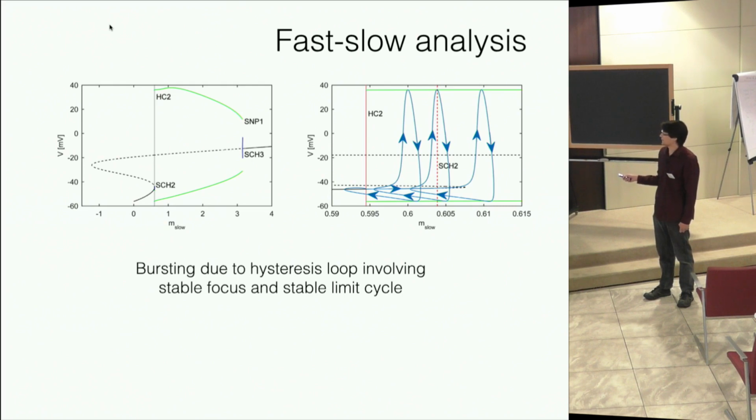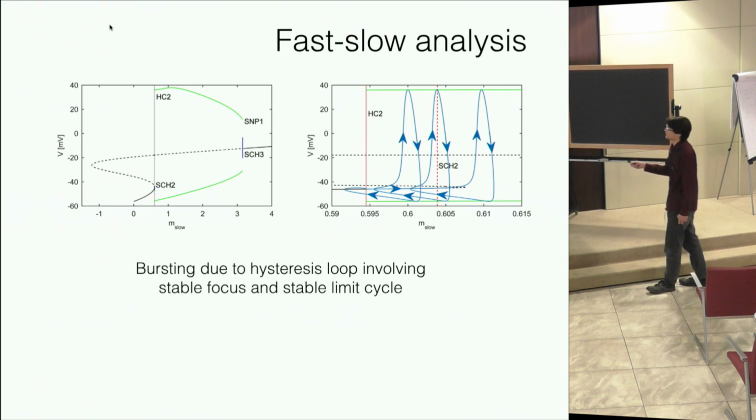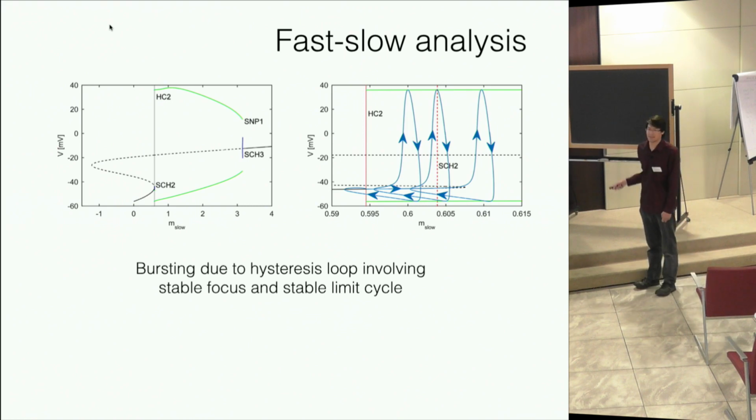It basically says that you get bursting because your slow variable pushes your fast system through a subcritical Hopf bifurcation, so you start to get these big oscillations, and then these are terminated in a homoclinic connection here. So the idea is that the bigger this distance is, the more spikes you get, because it takes you longer to get back down to this homoclinic bifurcation.